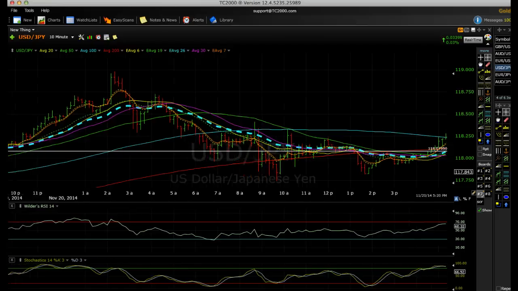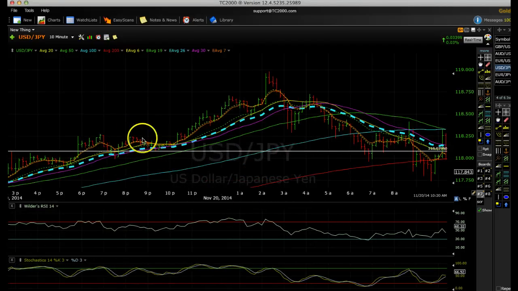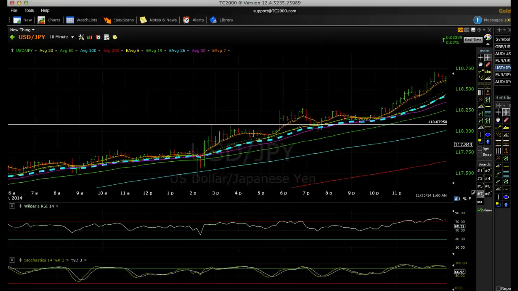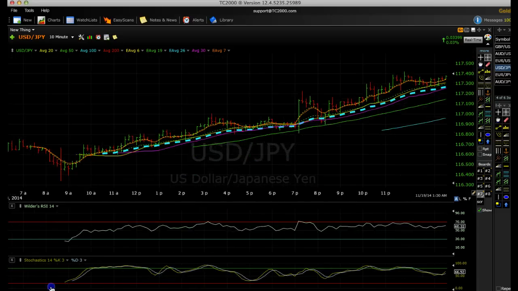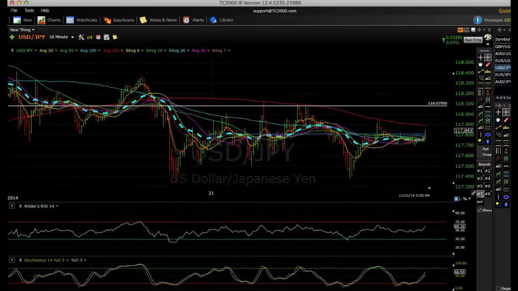Let's keep going. Look at how this works. Here, important, as it fell down and got right back above this level. As you see how it lines up. Look at that pop there. So that's one level that I would use.